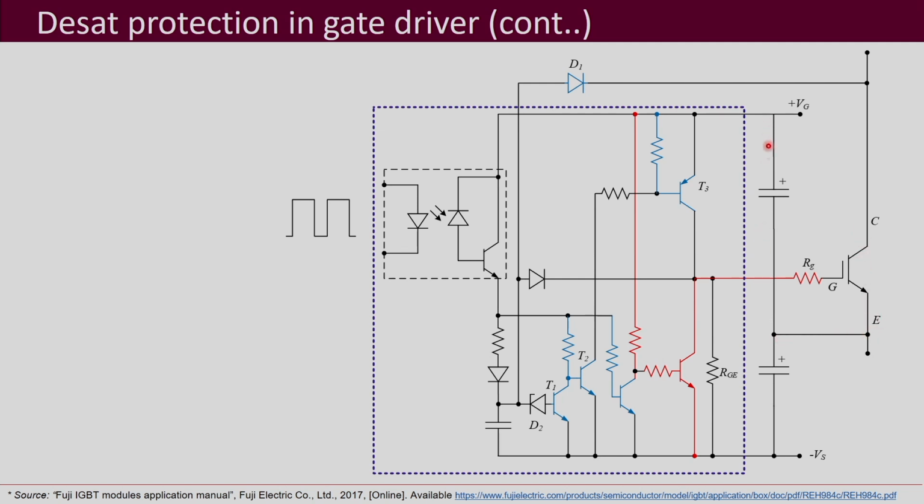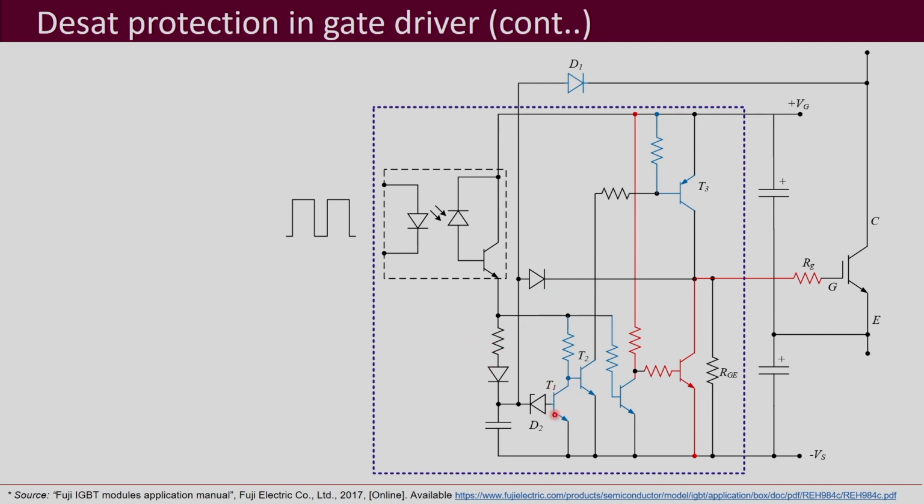And then these are the two capacitors which are connected between your floating supply VG and the negative supply, which is minus Vs, and E is the emitter reference. Usually you connect capacitors to absorb the ripples in the voltages, and then there is this gate resistor RG. Now let us look into what is inside this gate driver, inside the blue dotted box.